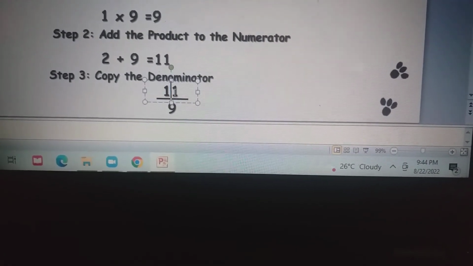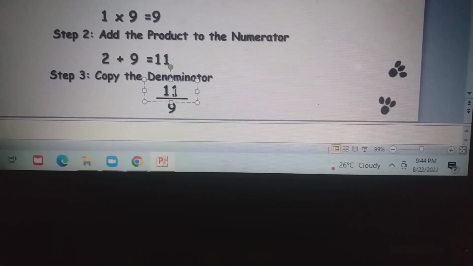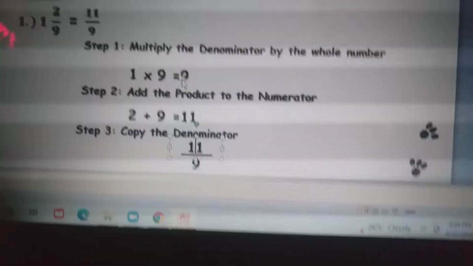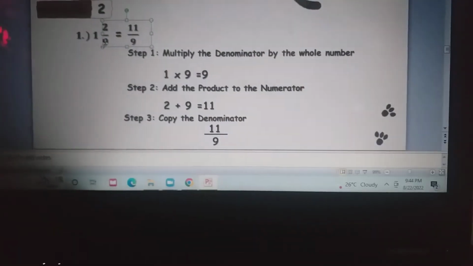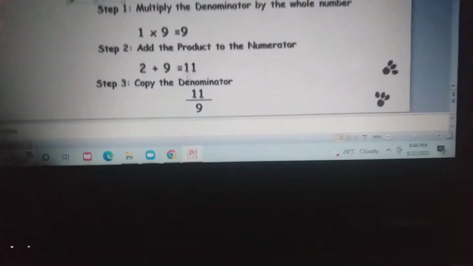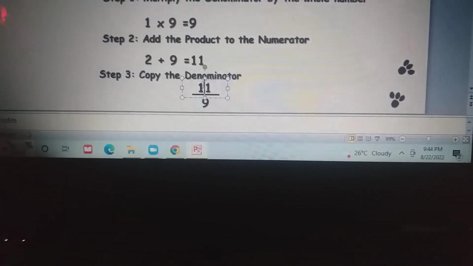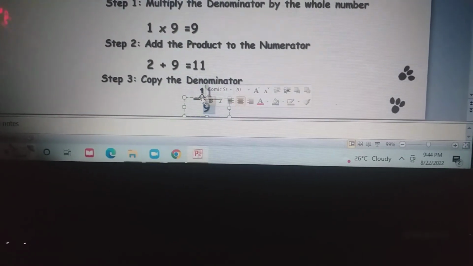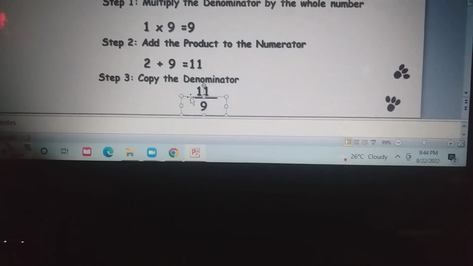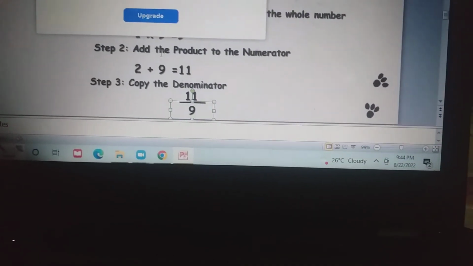So, therefore, the final answer is 11. Then, the denominator a while ago is 9 po. Ito po ang denominator. Yung numero na nasa ibaba. So, 9. So, ang final answer po natin is 11 over 9. So, this 11 over 9 is an example of an improper fraction.